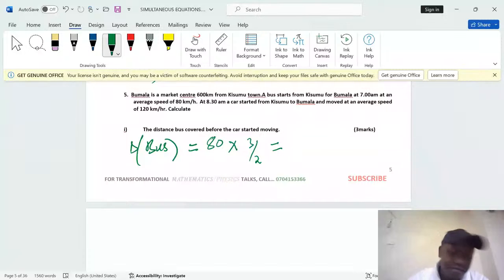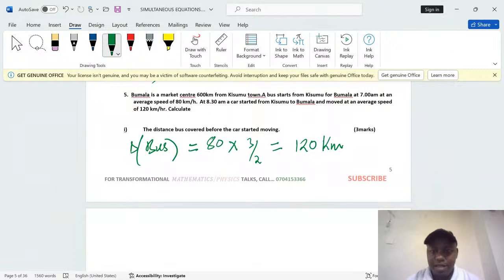That is 1.5. This is going to give us 120 kilometers. So by the time the car is starting its journey, the bus has already covered 120 from Kisumu towards Bumala.